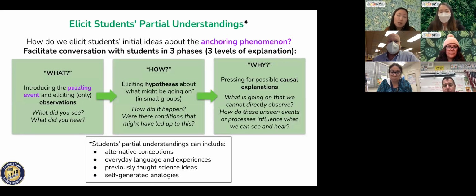So we labeled those 3 models as being representative of what, how, or why. And modeling is so accessible because even if students might not be able to explain how or why yet, they can all observe and show what they saw.